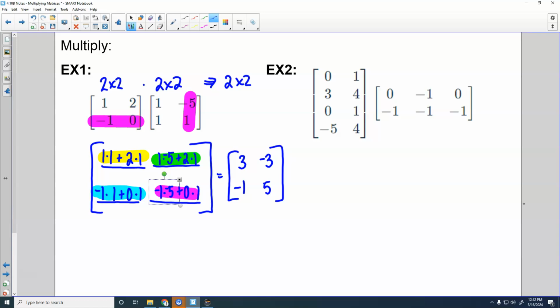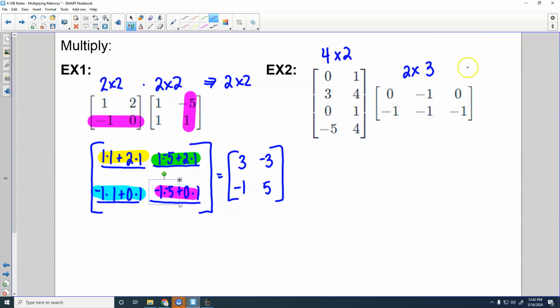Okay, everybody good there? Let's do one that doesn't have equal measurements, because I think those can be even a little trickier. So for the second one, this is a 4 by 2 matrix, and this is a 2 by 3 matrix. So first of all, can you multiply them together? Yes.